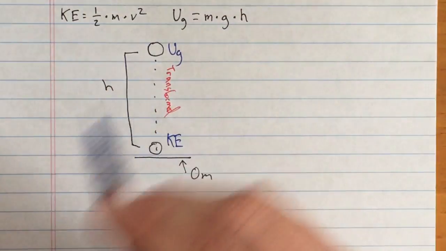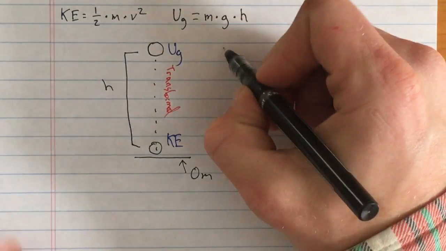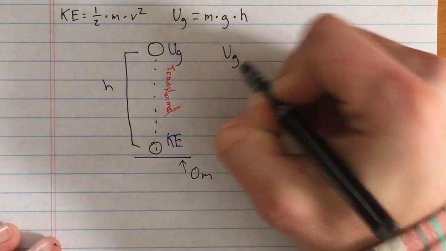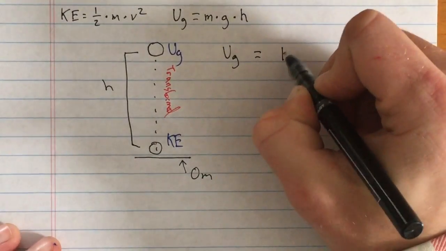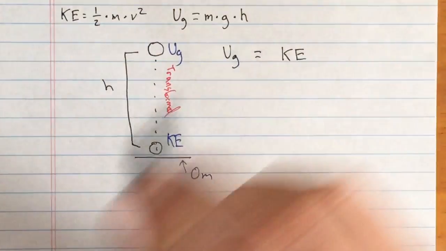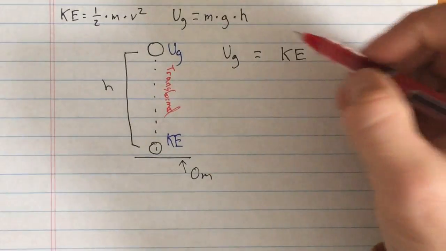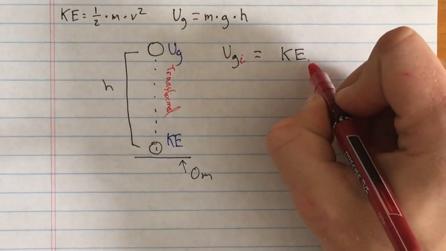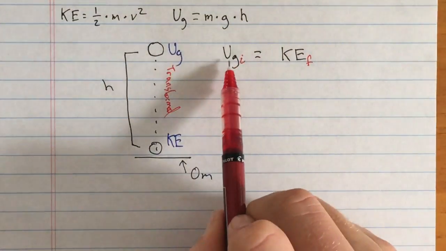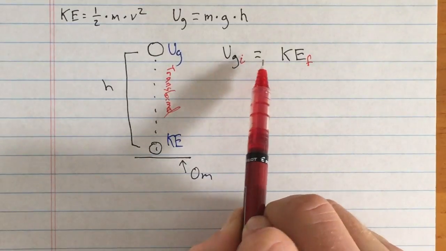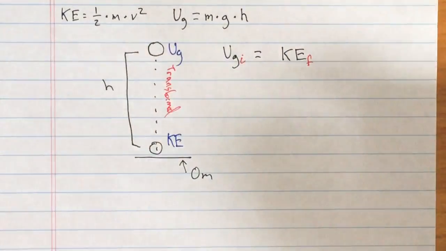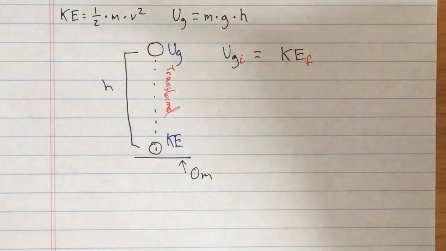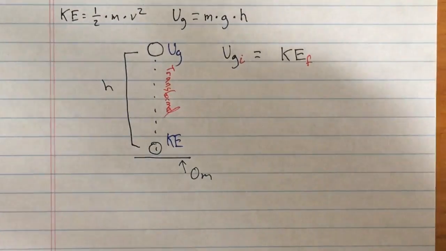So we know that the gravitational potential energy before will equal the kinetic energy right before it hits the ground. And I'm going to put a little initial, a little final there. The gravitational potential energy before will equal the kinetic energy after. And the reason for this is the conservation of mechanical energy.